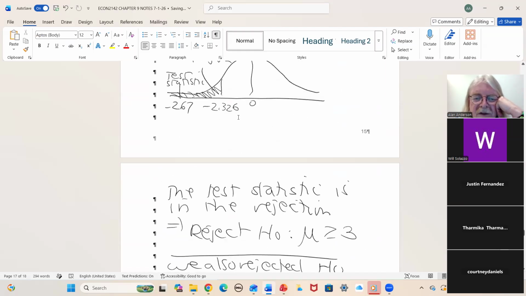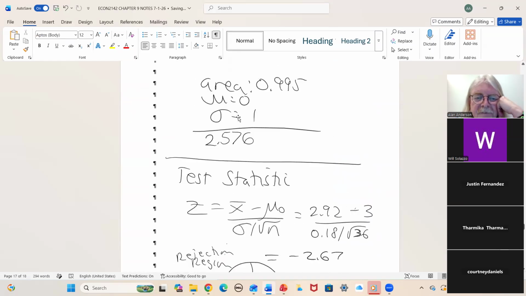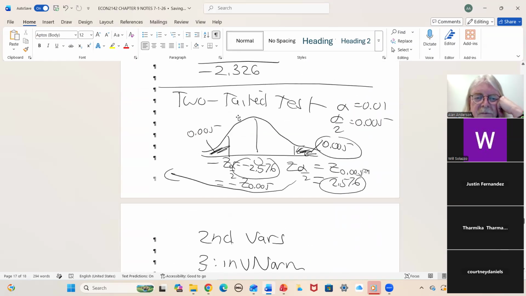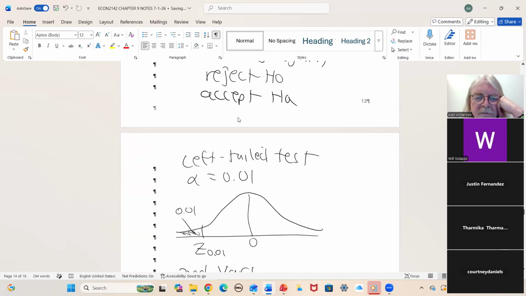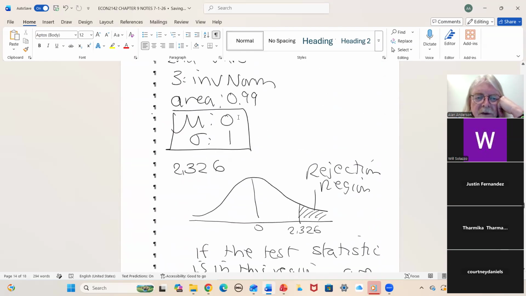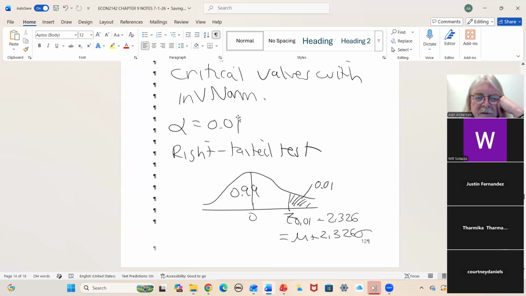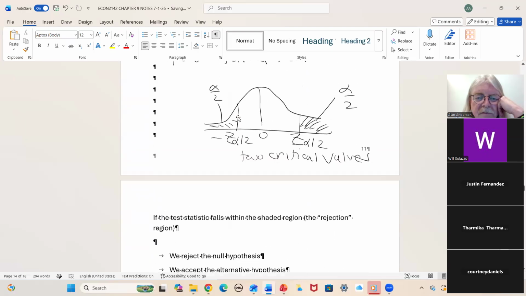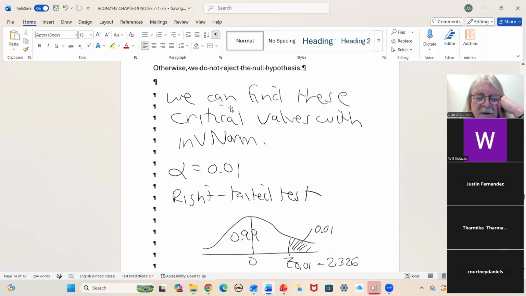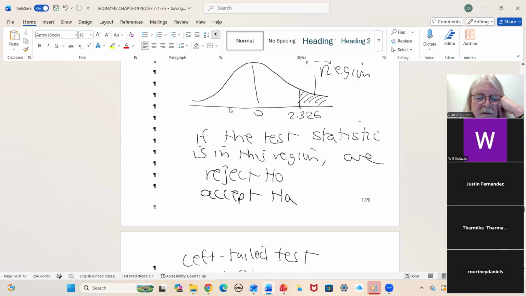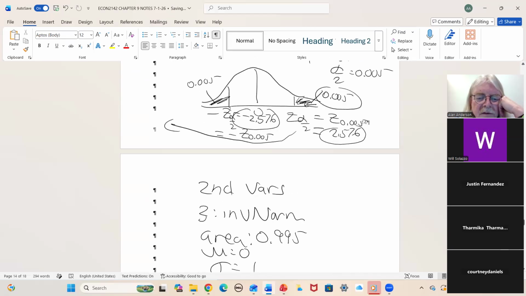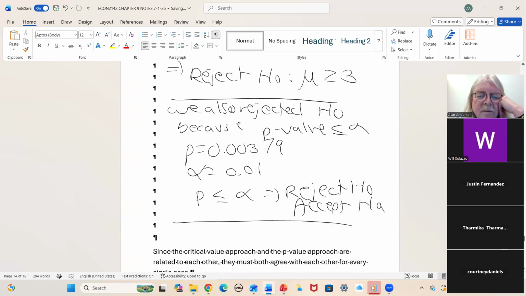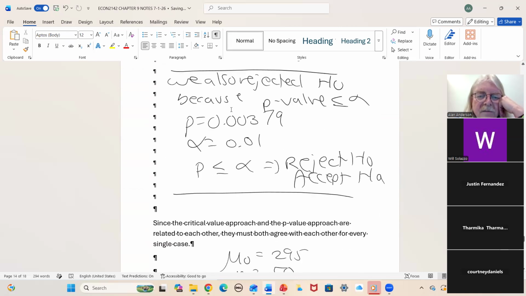Let me just go back and revisit this. See, where did we find the p-value? It's just the general setup. Oh, that's right. It's down here. It's 0.00379.